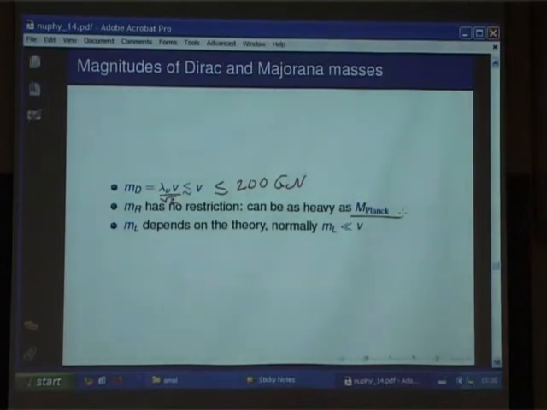But in principle, it has no restriction. So it can be very, very high: 10 power 10 GeV, 10 power 15 GeV, 10 power 19 GeV. At this point, there is no restriction. So in general, M_R is always much greater than M_D, in principle. Whereas M_L, which was the left-handed neutrino mass, depends on the theory.